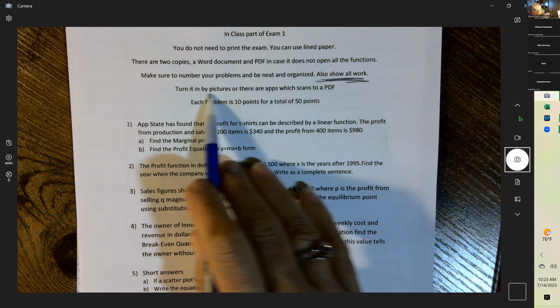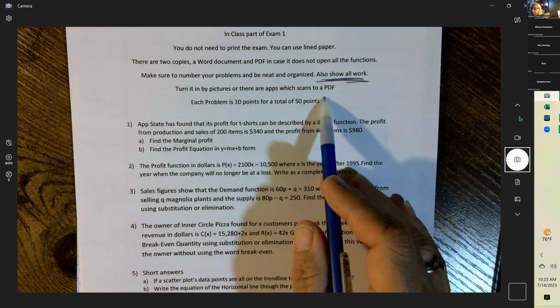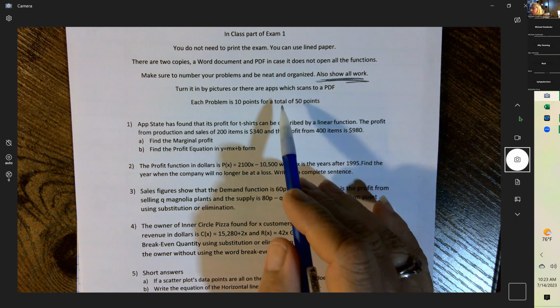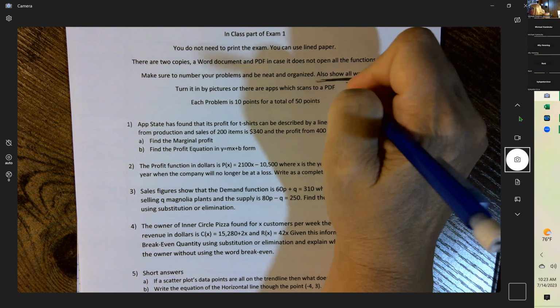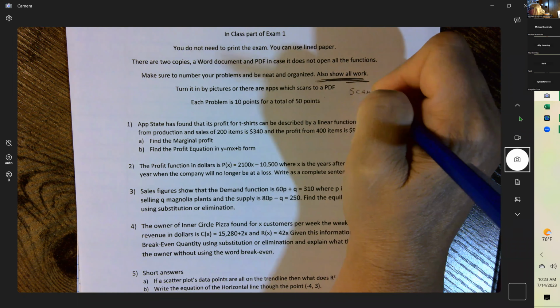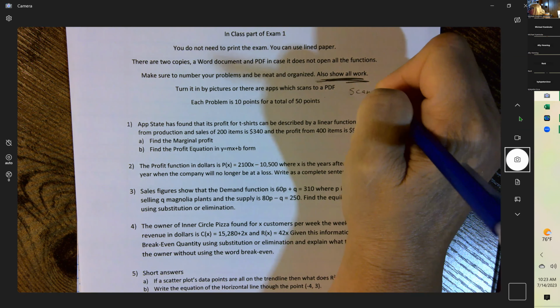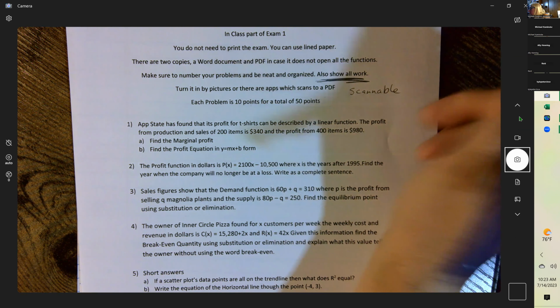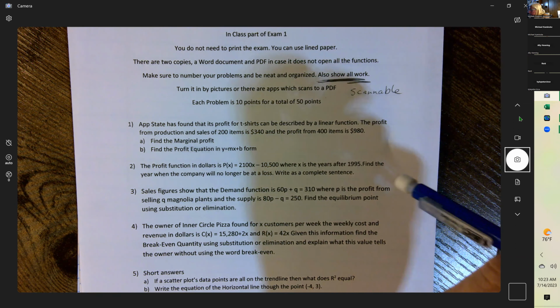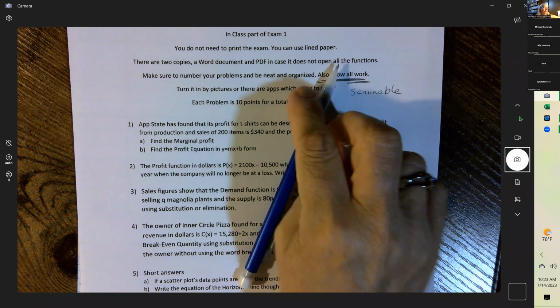You can turn it in by pictures or you can scan it to a PDF. There's one called Scannable. I think it's just called Scannable. I don't think I have it anymore.